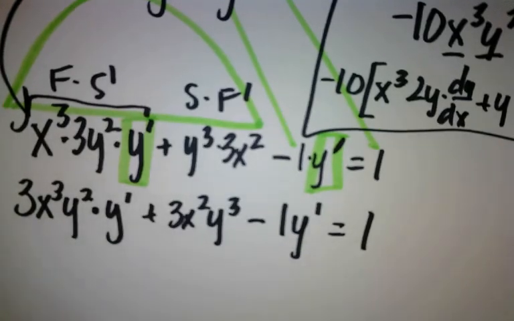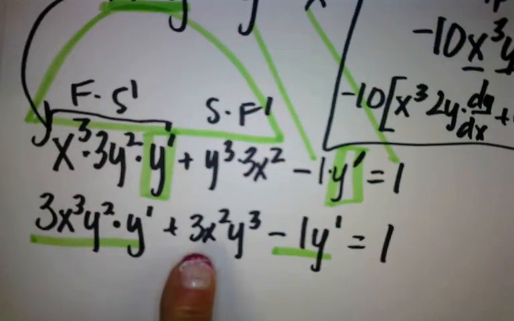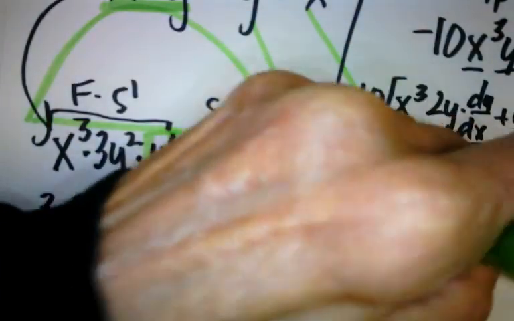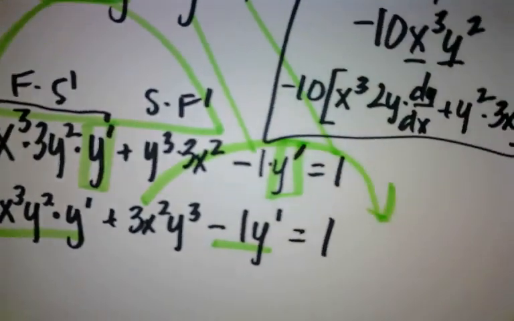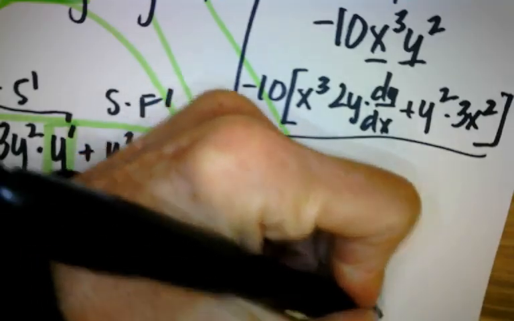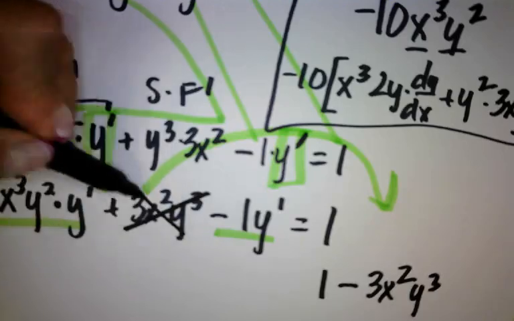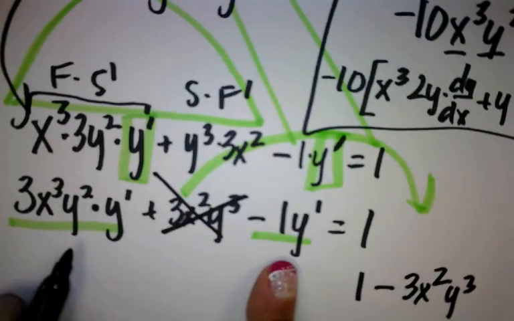This term needs to go over here and become subtracted. So I'll have 1 minus 3x squared y cubed now. This goes away here. Out of the two terms that are left, I am only going to factor out a y prime.